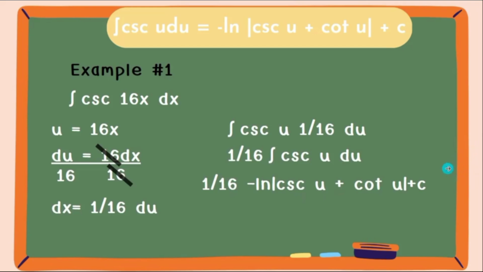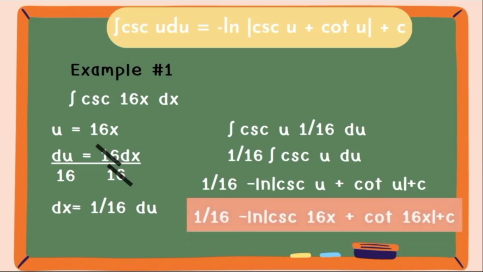Ang pagsasubstitute dito is hindi na natin kailangan i-multiply pa yung 1 over 16 dun sa negative ln since negative nga siya. So magre-retain lang siya na ganyan. Ang gagawin lang natin dyan is kukunin natin yung value ng u, and yung u dito sa may negative ln absolute value of cosecant u plus cotangent u plus c is papalitan natin ng value ng u.